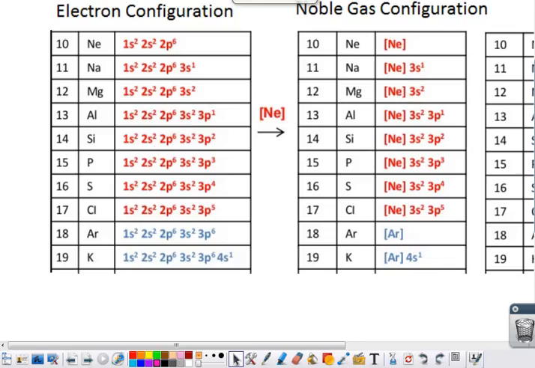So, like silicon, and these guys all look the same up until that point. All of those elements look like neon. And so the noble gas configuration is neon with that extra piece tacked on. And then once you get to the next noble gas, it shifts over. So you say, now they look like argon.